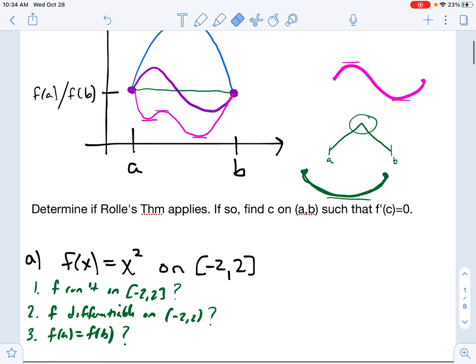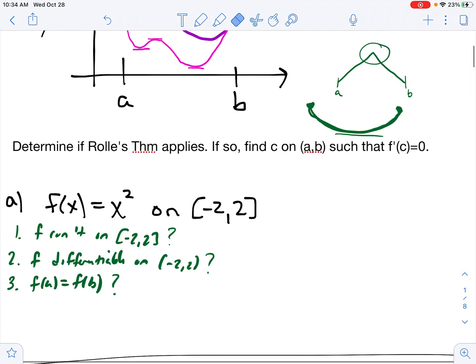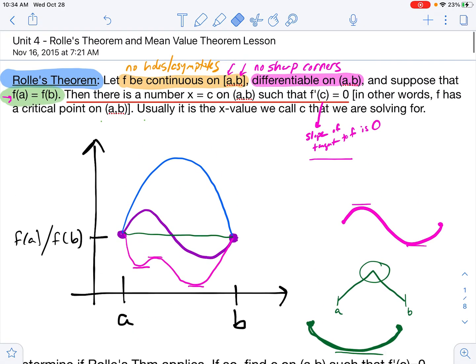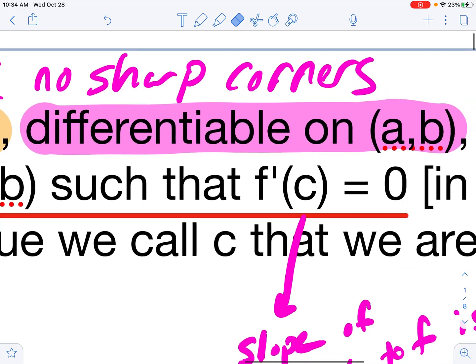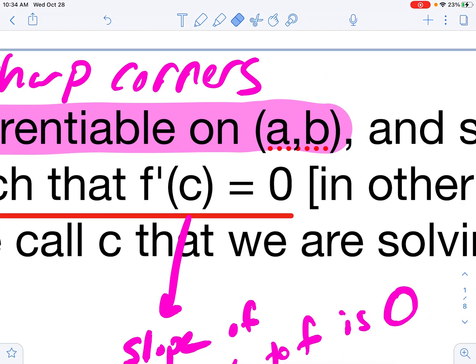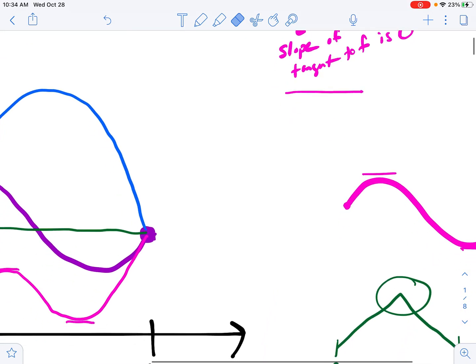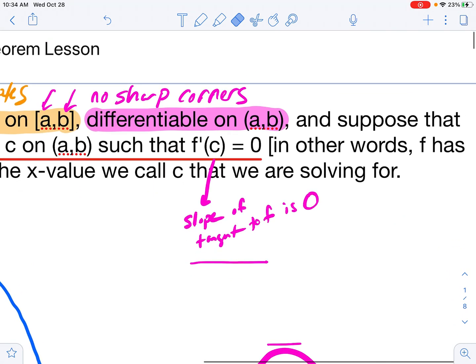Really no big deal. So here we have f of x equals x squared on the closed interval negative 2, 2. And I'm not going to get too into the details up here where it says why is it continuous on the closed interval but only differentiable on the open interval. That just has to do with the technicalities of the fact that derivatives are limits, and for limits to exist they need to have left and right sided limits that are equal.